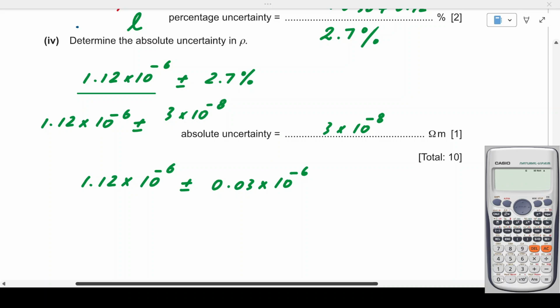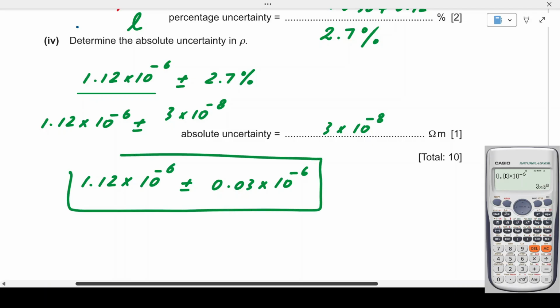We can even see this on the calculator. 0.03 into 10 raised power minus 6. You see, this is the same as 3 into 10 power minus 8. But this is the way we write. If they say write the final answer along with the uncertainty, but in this question we were supposed to simply write the absolute uncertainty. That's why we don't need to ensure the exponents are same.